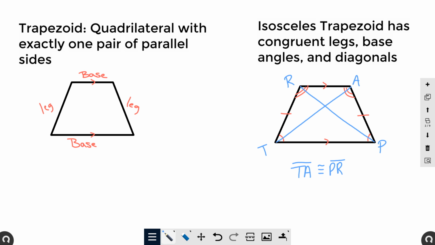Now that you know those pieces, all kinds of other things play in. Isosceles trapezoids are just really special. If the two legs are equal, then the base angles are equal, and the diagonals are equal. So lots of stuff happens with that.